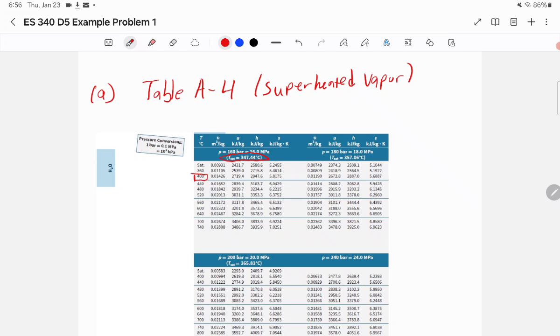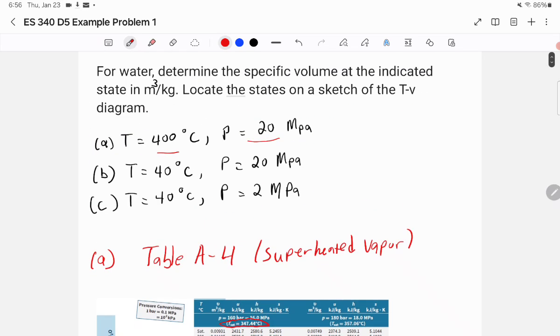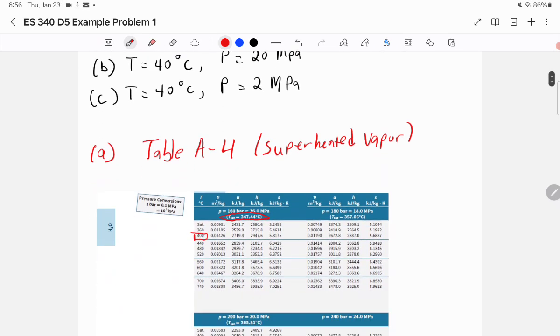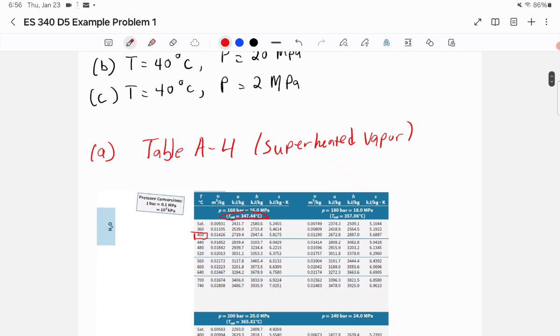Really convenient. And notice that the saturation temperature here is actually only for 16 megapascals, so it's not quite where we want yet, but we'll scroll down to where we want in a moment. But already at 16 megapascals, we're above the saturated temperature.